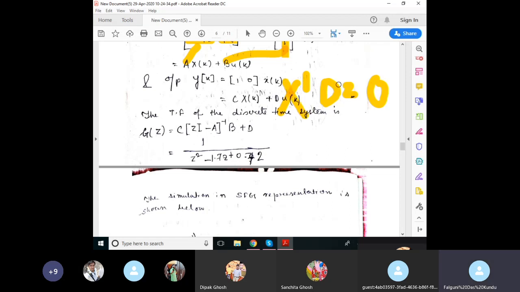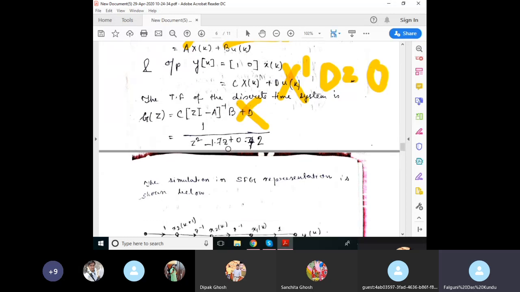Now in case of discrete time systems, similar to the continuous time system, s is only replaced by z. So G of z is nothing but C into (zI minus A) inverse B plus D. As D is equal to 0, we can eliminate this part.